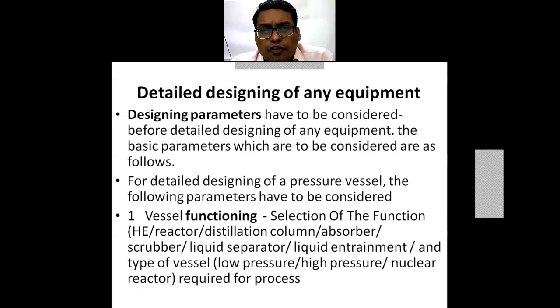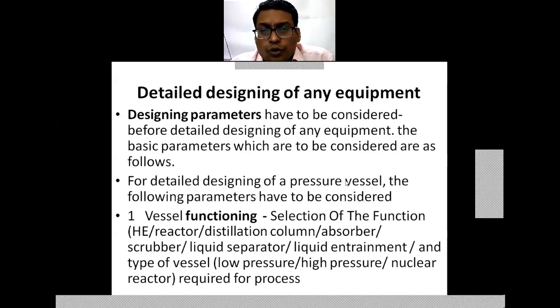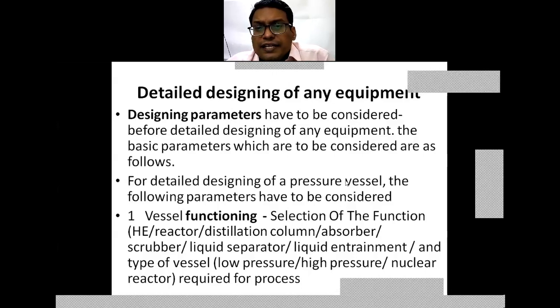Now, considering one by one, we will study the various designing aspects. Before doing the detailed designing, one has to consider all these basic parameters which are to be defined by the process engineer. So designing parameters have to be considered before detailed design of any equipment.